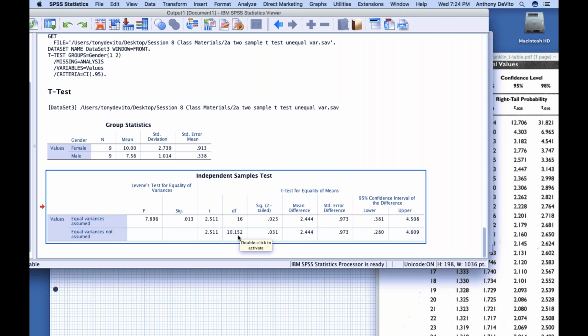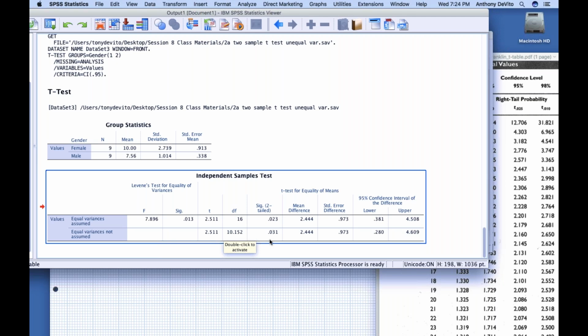And it's going to assume 10 degrees of freedom, which means that the critical value of t is going to be a bigger number. Smaller the sample size, bigger the critical value of t. So even though the t-score is the same top and bottom, the probability that I'm going to be wrong if I reject the null hypothesis is a little bit more than 3% for the bottom row, but a little bit more than 2% for the top row.